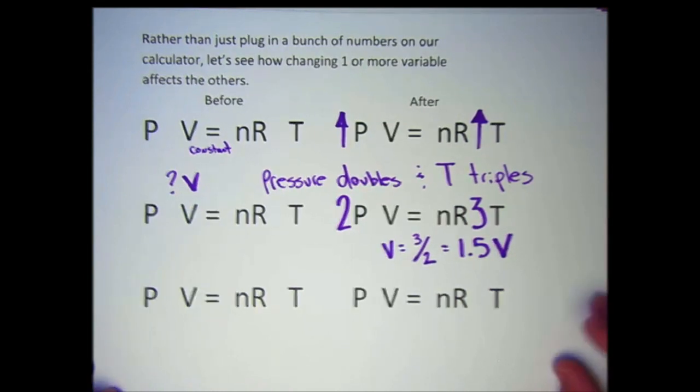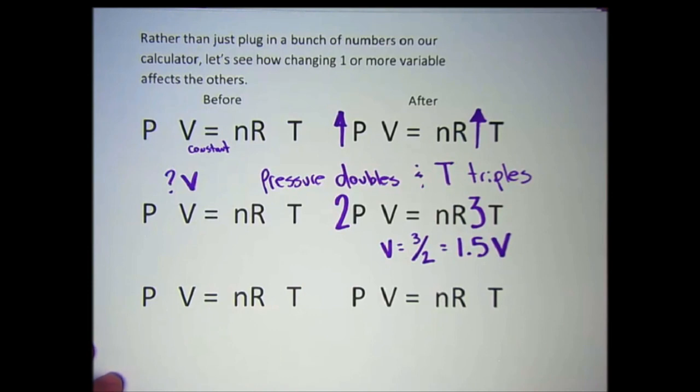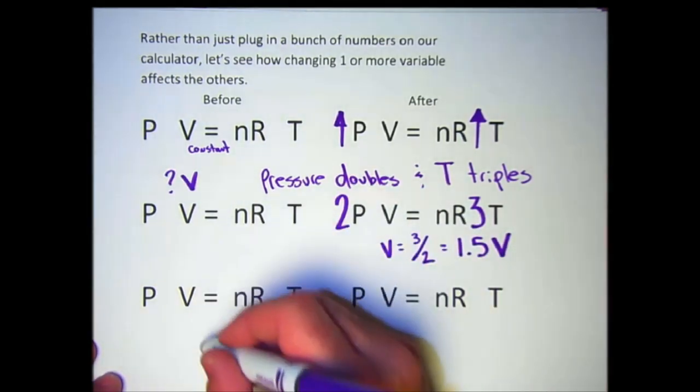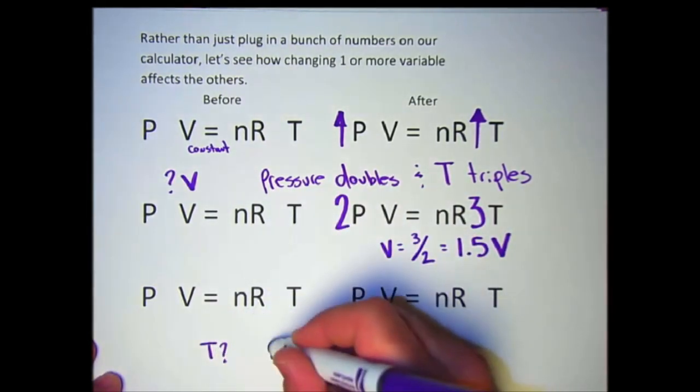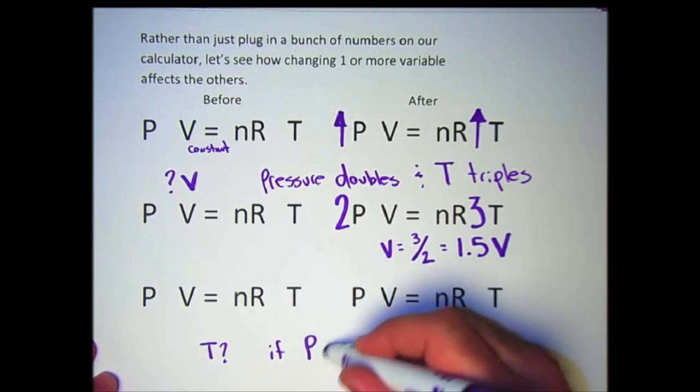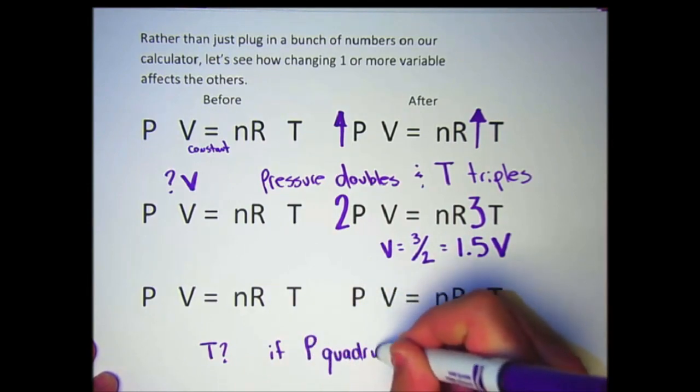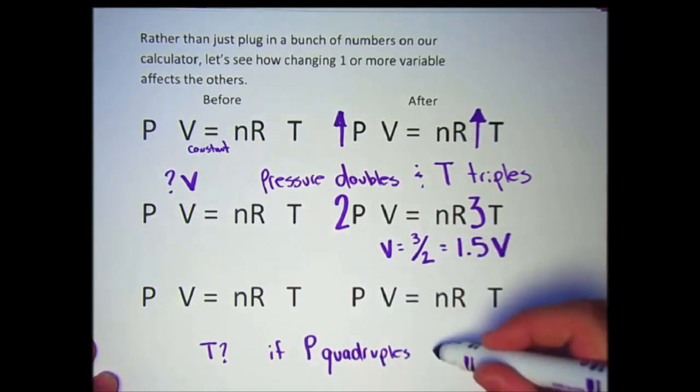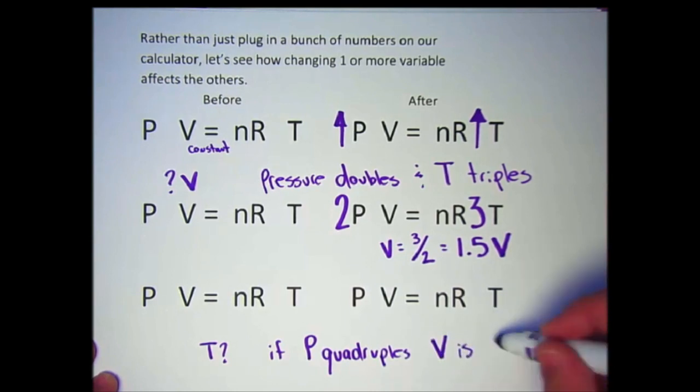Alright, let's try another one down here. What would happen to the temperature if the pressure quadruples and the volume is suddenly 1/9 as much?